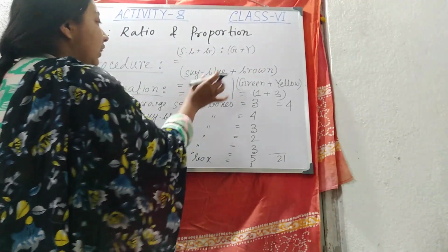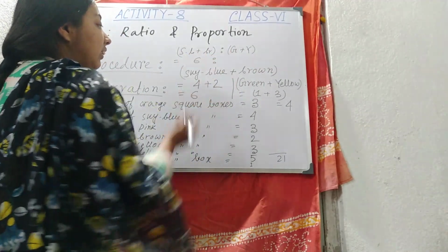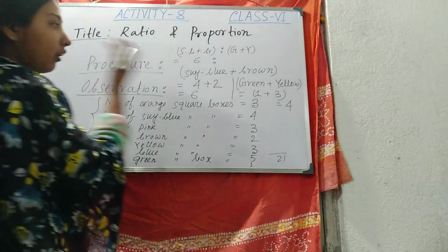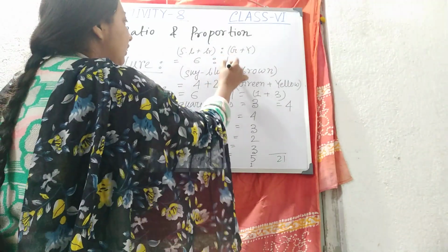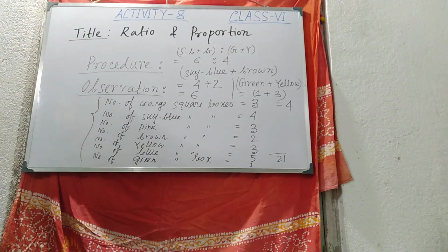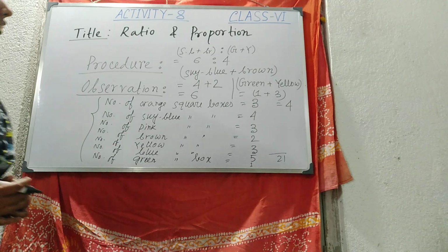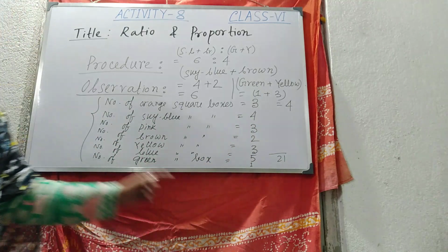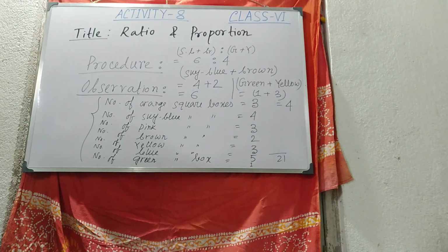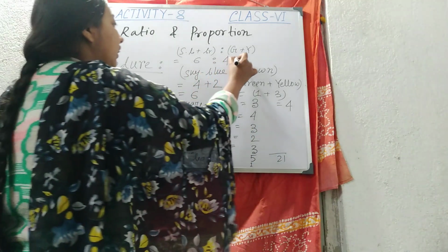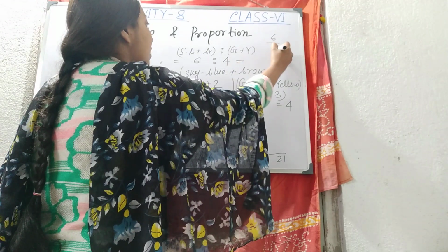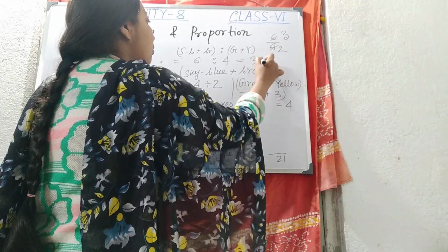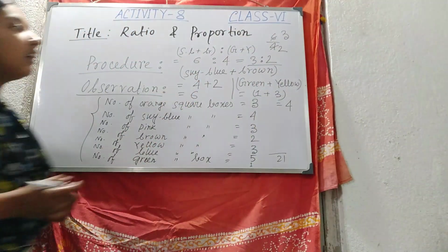The addition we have got here is 6, and for green and yellow we have got the addition which is 4. So 6 is to 4, and as they are not in their simplest form, 6 upon 4: 2 2s are 4, 2 3s are 6. So 3 is to 2 will be the required answer.